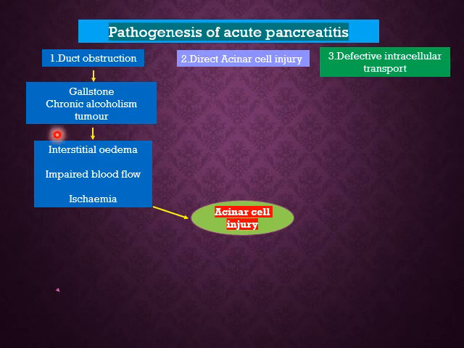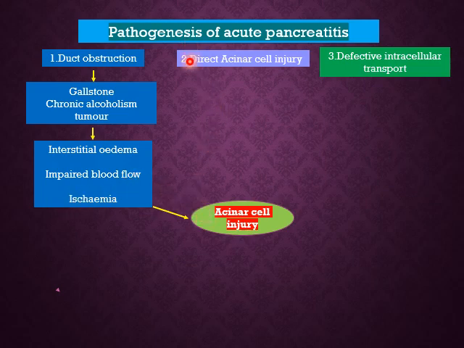In the first one, duct obstruction, the common causes are gallstone disease, which causes blockage of the pancreatic duct, chronic alcoholism, and tumors of the pancreas. This blockage leads to interstitial edema with impaired blood flow and ischemia of the pancreatic tissue, leading to acinar cell injury.